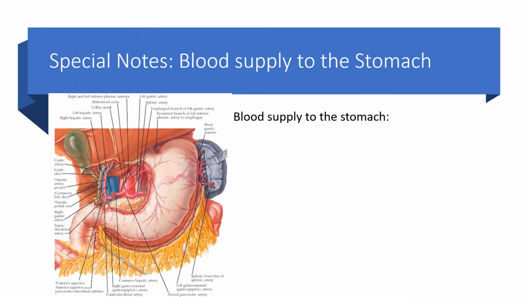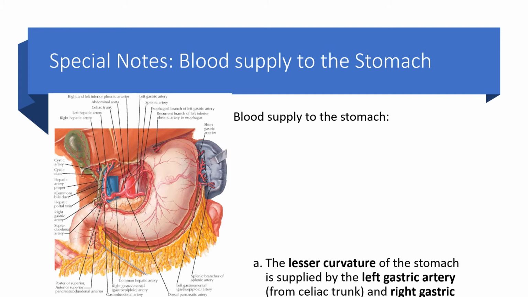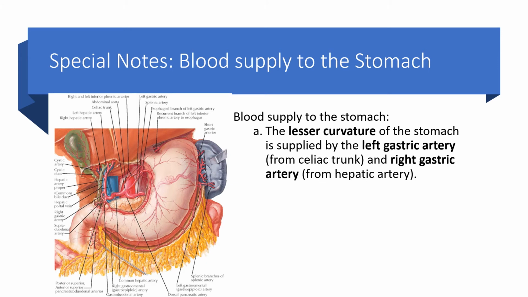so now that we've talked about the three major branches of the visceral arterial blood supply, let's focus on blood supply to the stomach. Now, as we recall, there's a lesser curvature and a greater curvature. Your lesser curvature is supplied by the left gastric artery and the right gastric artery.